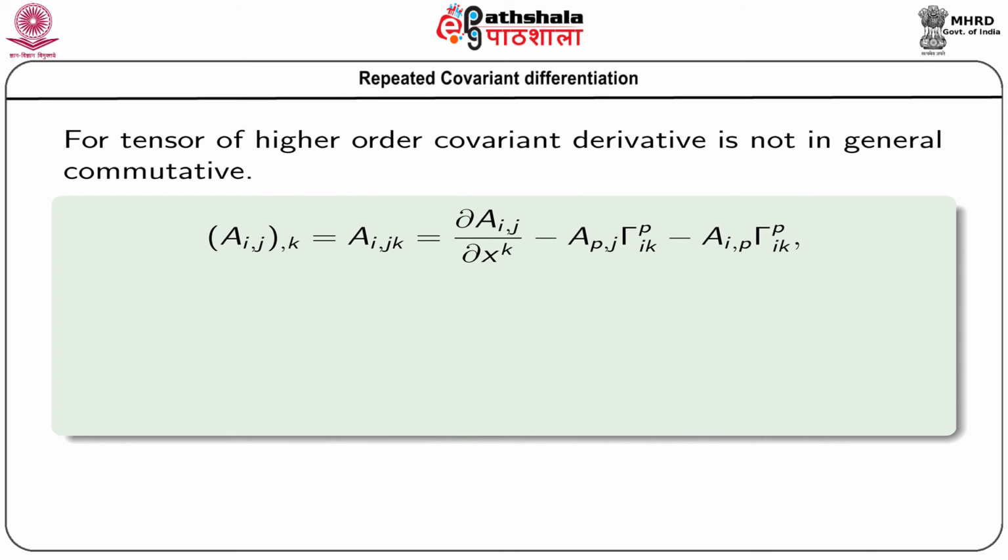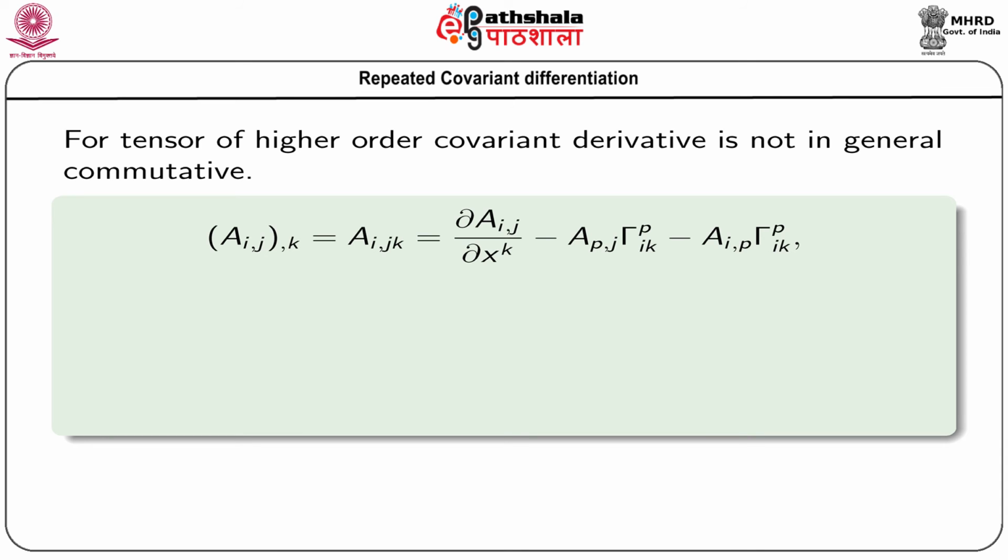Now, a_i,j,k: a_i is a covariant vector, its covariant derivative is taken with respect to x^j, written as a_i,j, and again the covariant derivative is taken with respect to x^k.